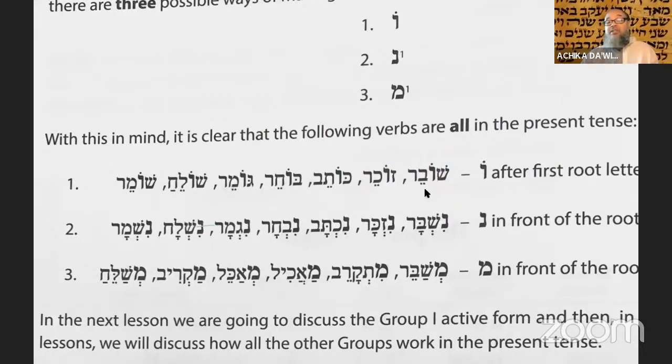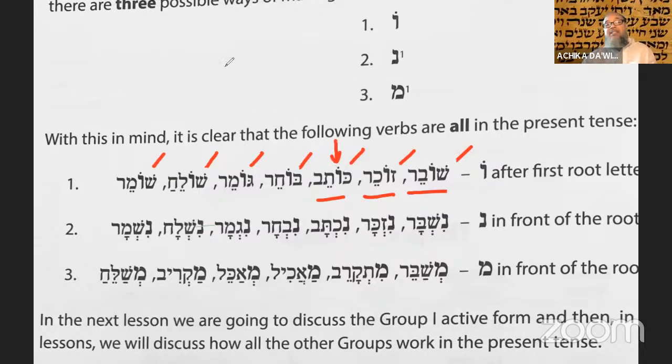If you notice all of these words going across, it has the same zo, ko, bo, go, show. It's all the same. Chover, chomar, cholech, chomer, chover. See? So if you know your roots, then once you add something to your root, you'll know how it's functioning.